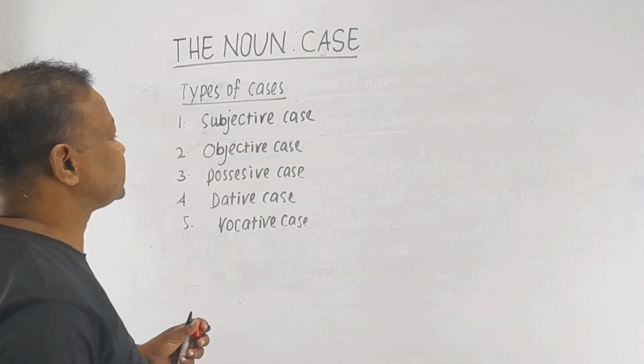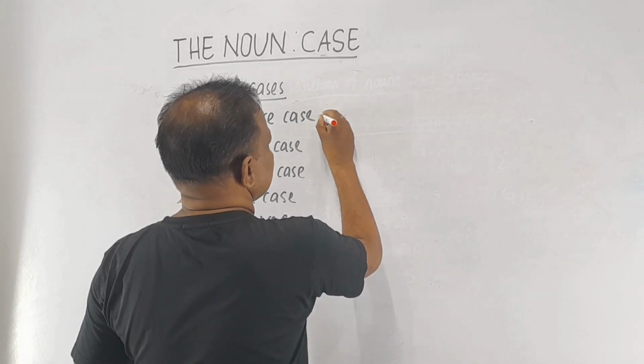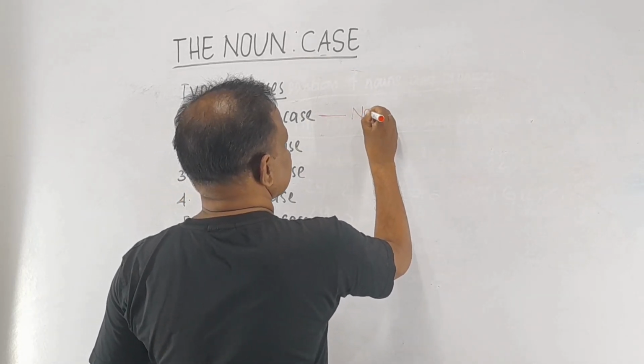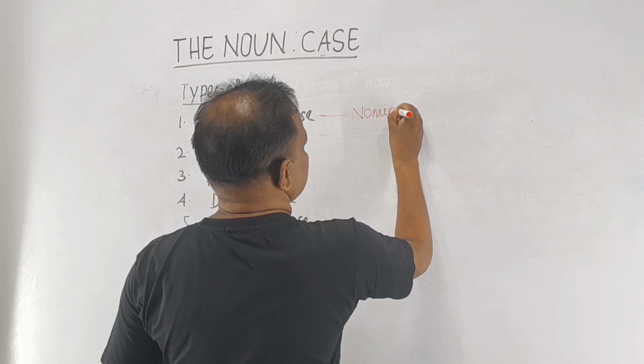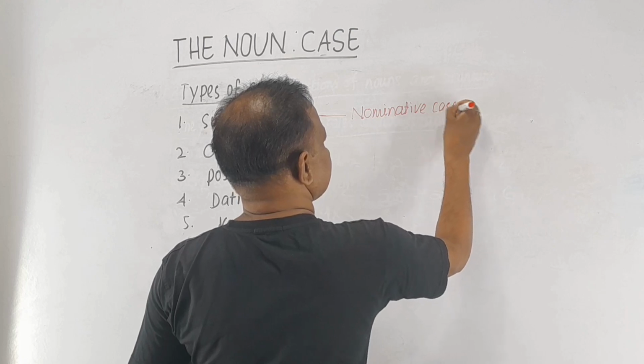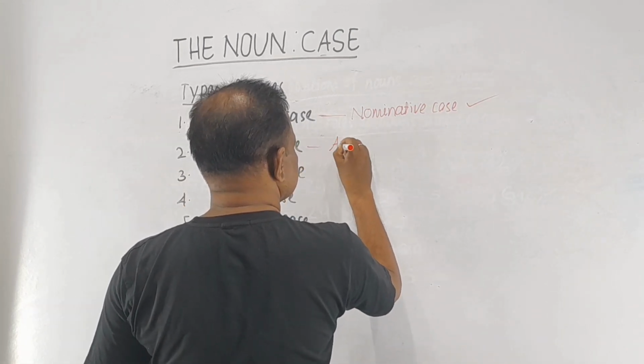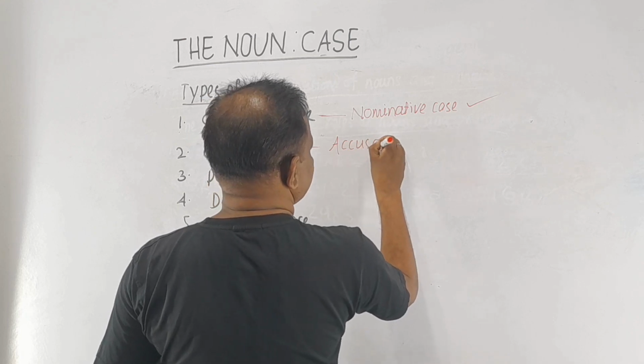First one is subjective case. Subjective case is also called the nominative case, and objective case is called the accusative case.